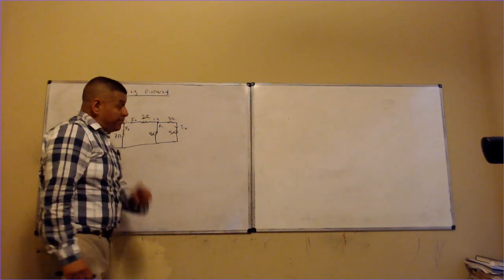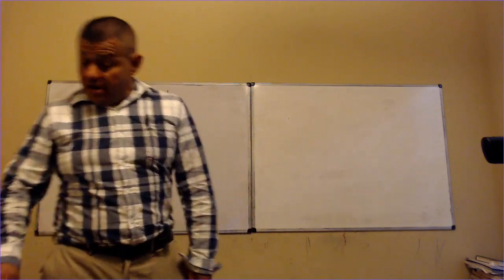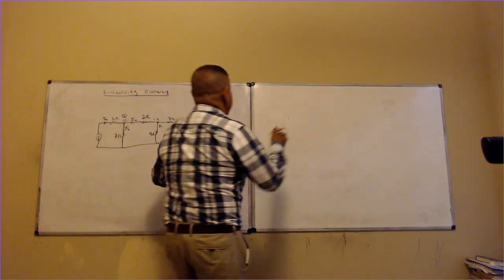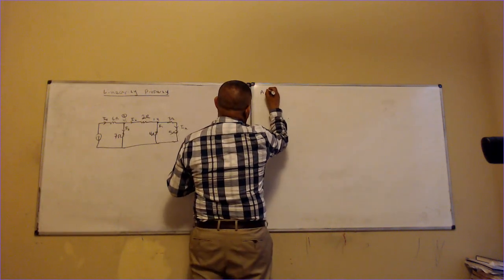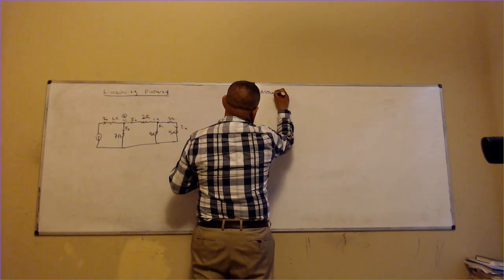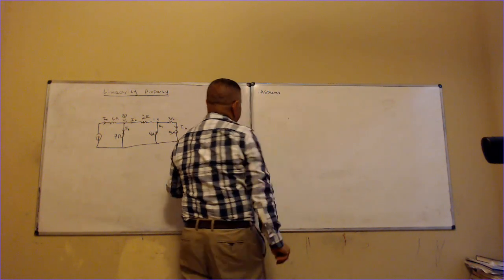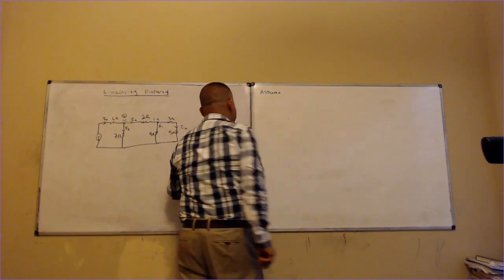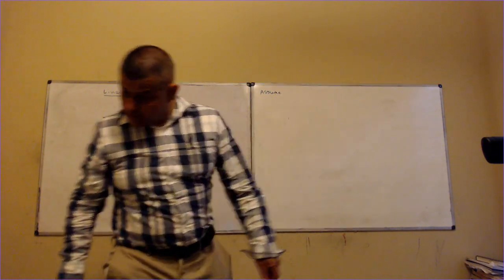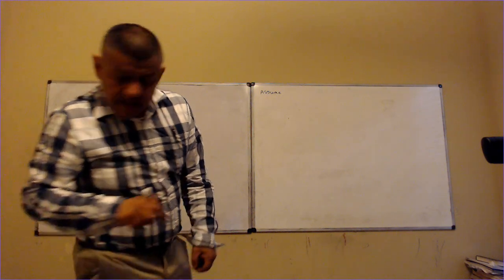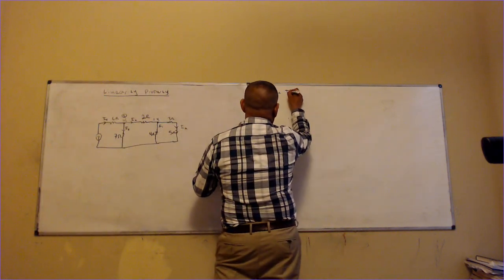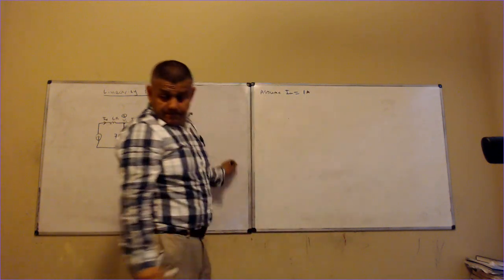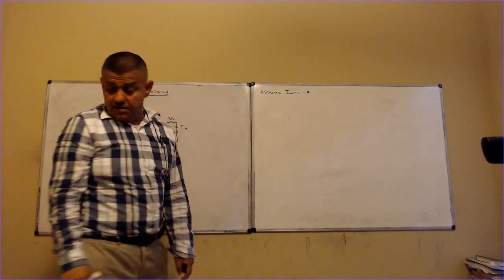Now, this is a very important part about the problem statement. They say, assume IA is equal to 1 amp, which is that guy right there.